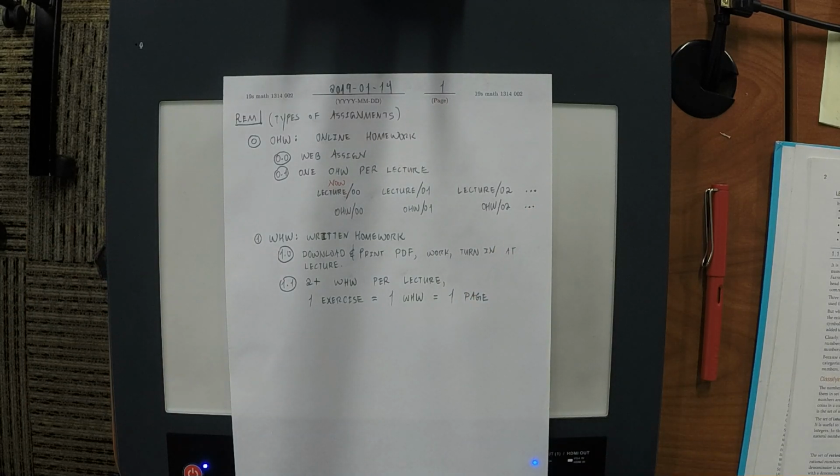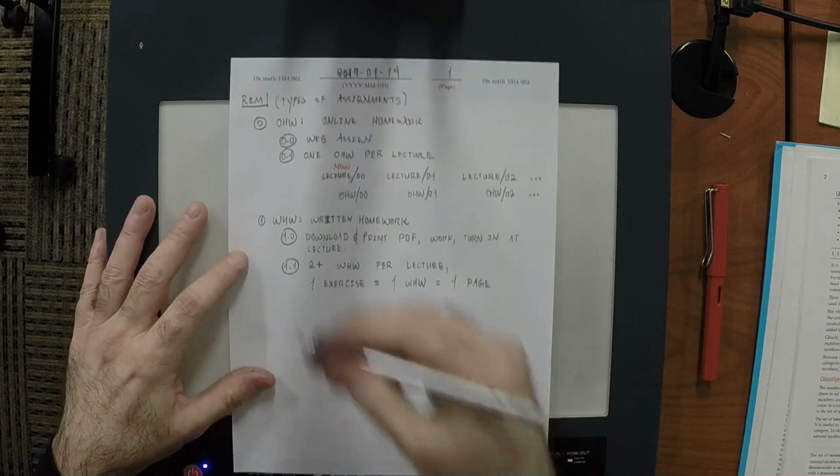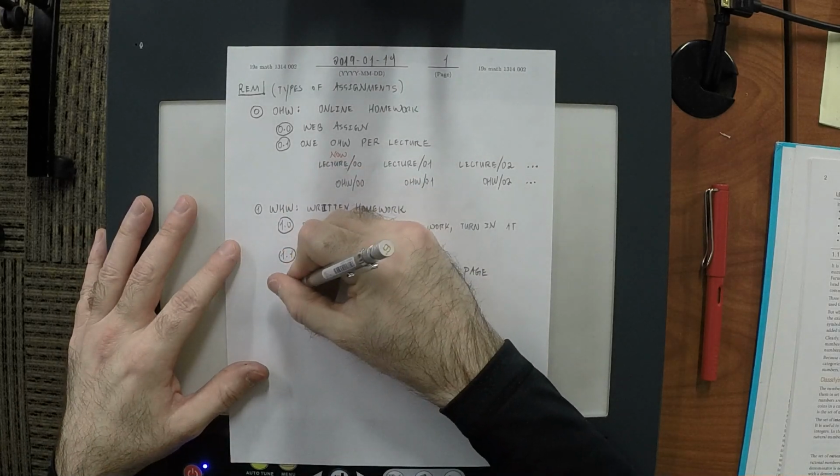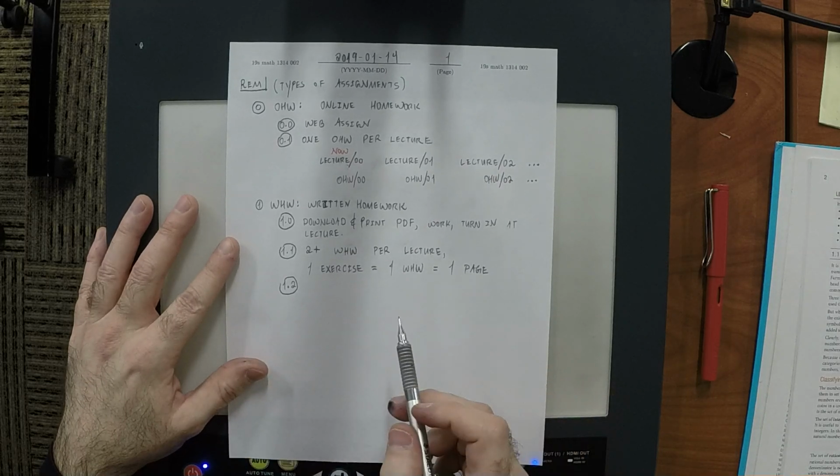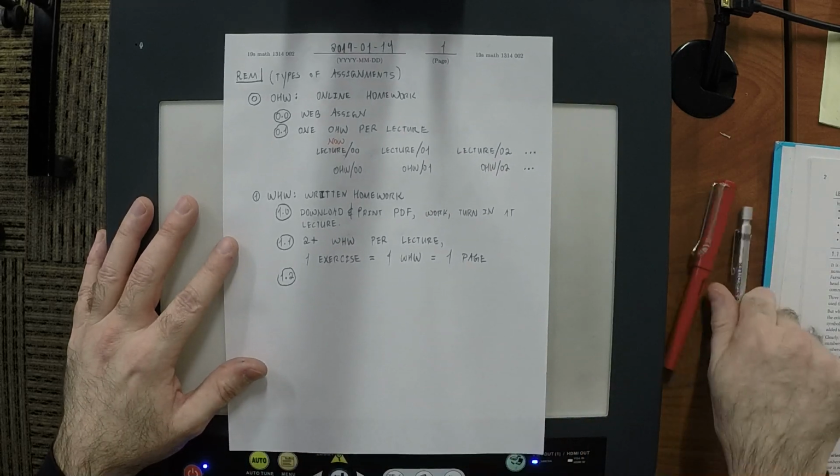So if for today's lecture 0 we assigned, say, 3 written homeworks, that would mean there would be 3 pages you need to download, print, and bring to class. So you bring 3 pages.